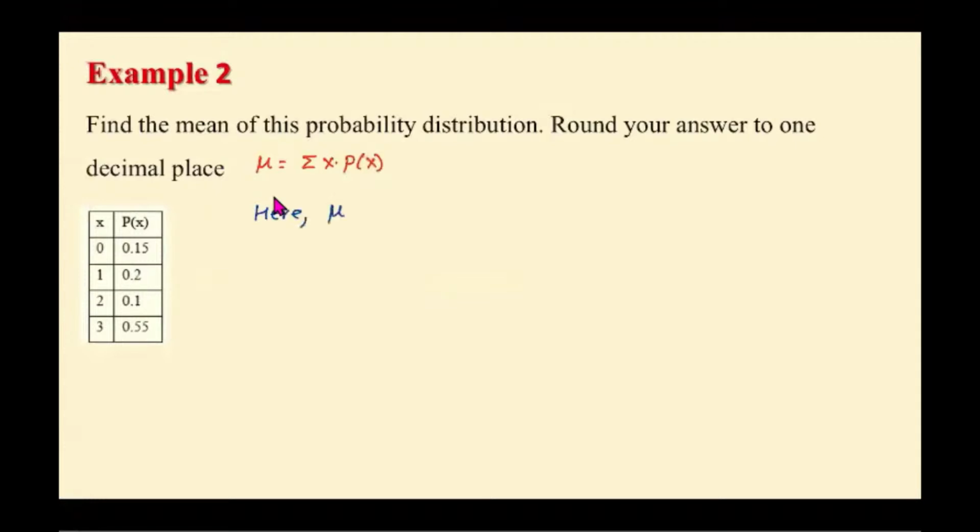So here the mean is the sum of x times p of x. We have to find the products and add them together. The first one is 0 times 0.15, plus the second one, 1 times 0.2, plus the third one, 2 times 0.1, plus the next one, 3 times 0.55.